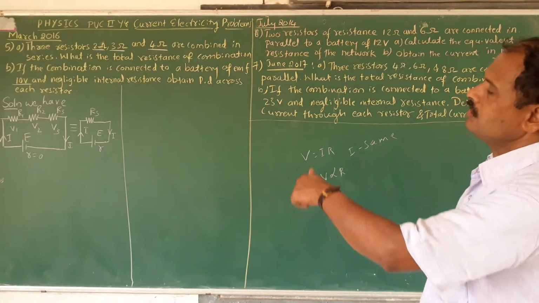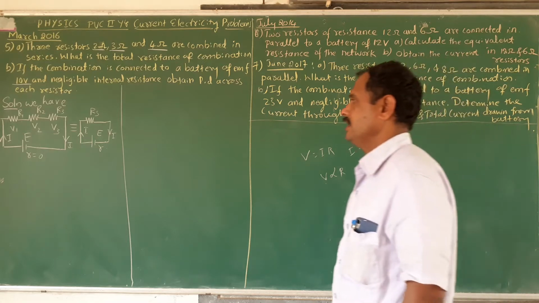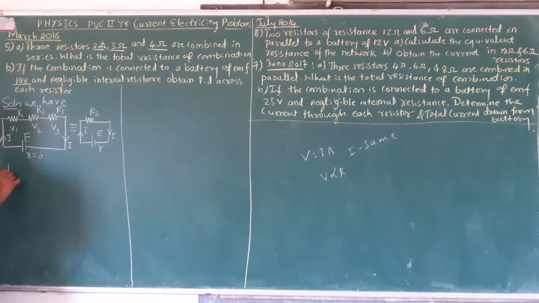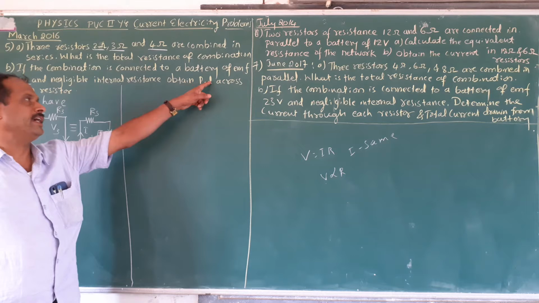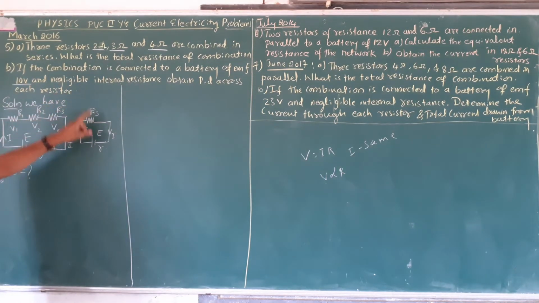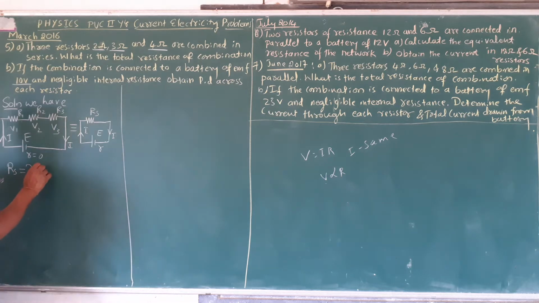What do I have to calculate in this problem? First, calculate the total resistance, RS. The combination is connected to a battery of EMF 10 volt with negligible internal resistance, and we must obtain the potential difference across each resistor.